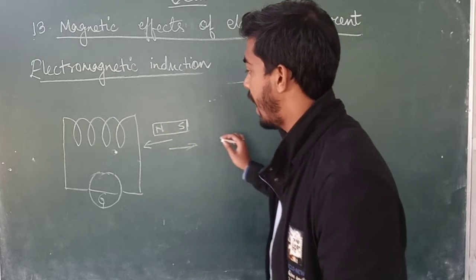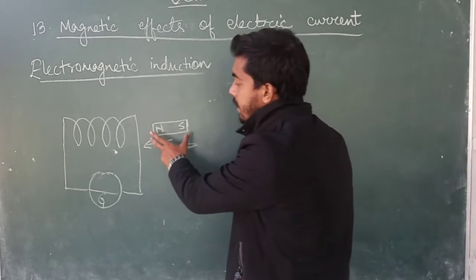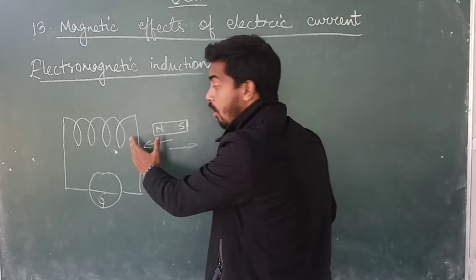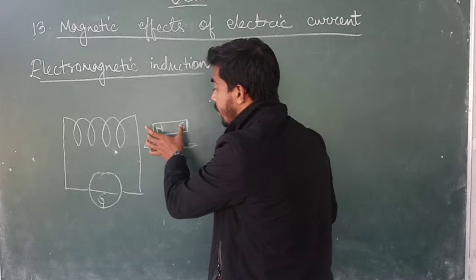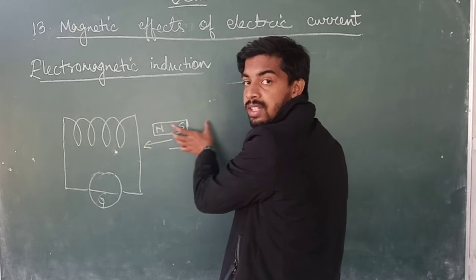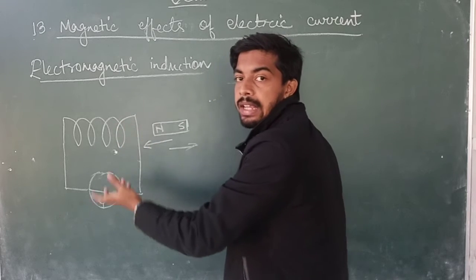Due to this, when the magnet goes near the coil, the magnetic field in the coil increases, and when the magnet is taken away, the magnetic field decreases.